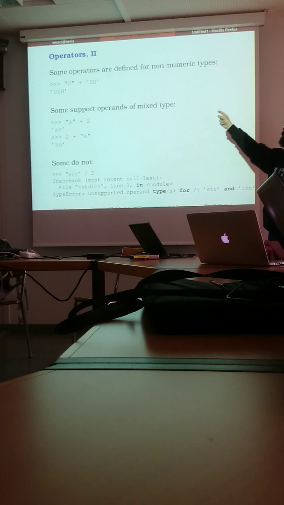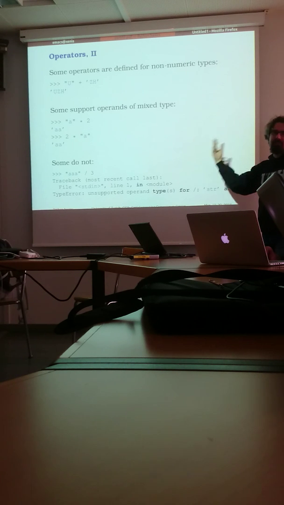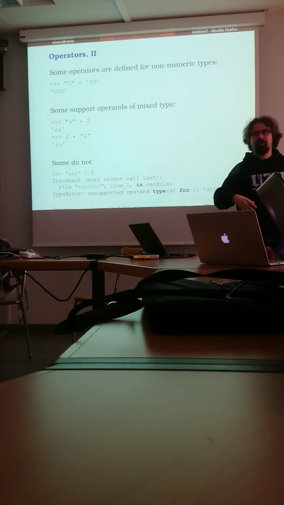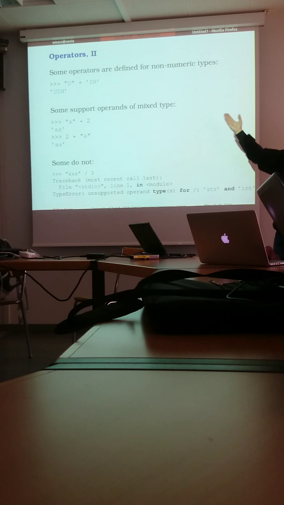We've already seen that operators can be overloaded, so the plus sign works as addition on numbers and works as concatenation on strings. So you can concatenate two strings using the plus operator.